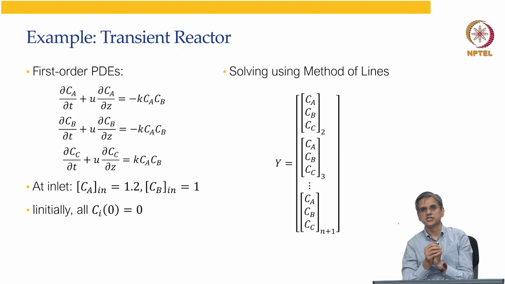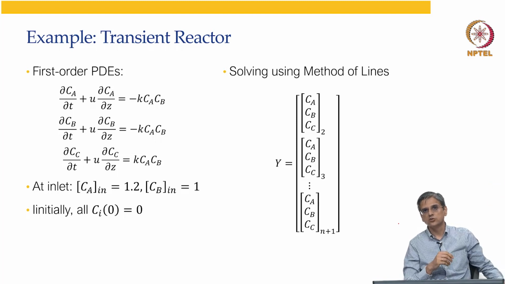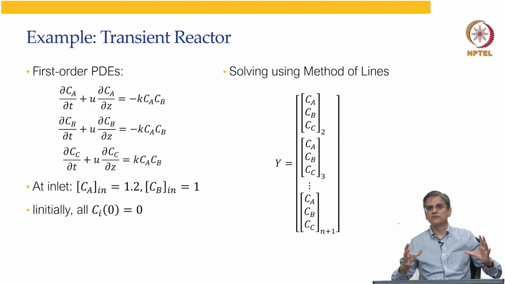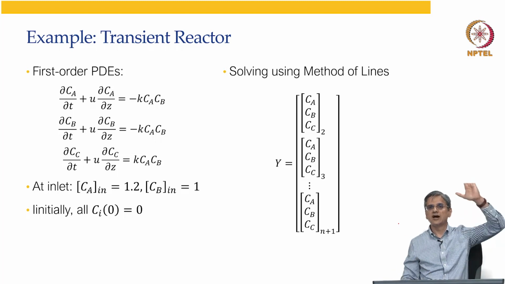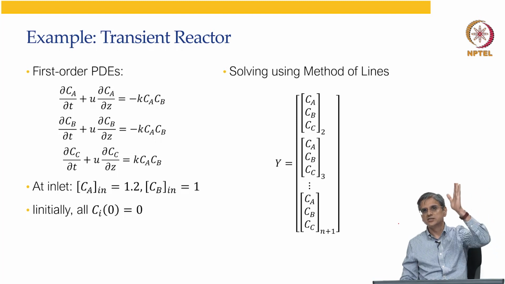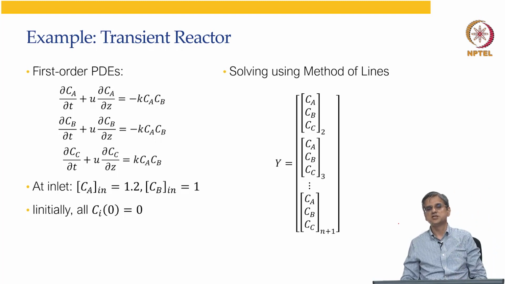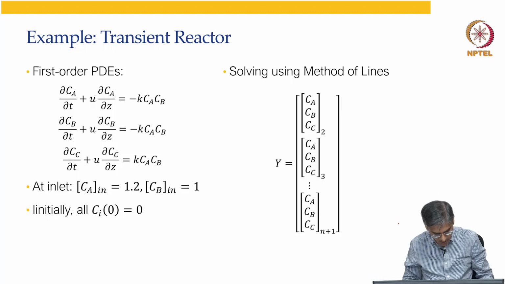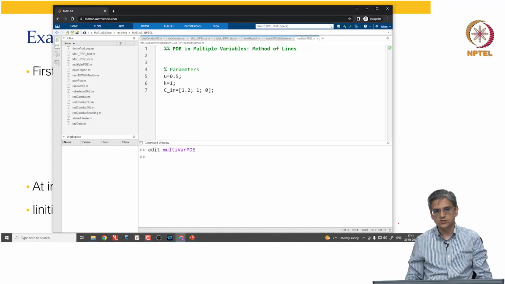That is our Y. If we now want to put our C, we will have CA in followed by CA, CB, CC, CA, CB, CC, and so on. So let us go on to MATLAB and try to solve this problem.